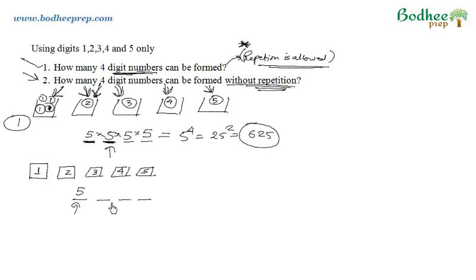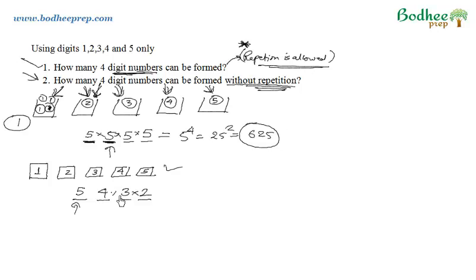When you move to the next place, one cardboard has already been used, so you are left with one less option: exactly 4 cardboards we can still use. So for the second place we have 4 options. Once these 2 places are filled, 2 of the 5 cardboards have been used. For the third place we have 3 options left, and for the fourth place we are left with 2 options.